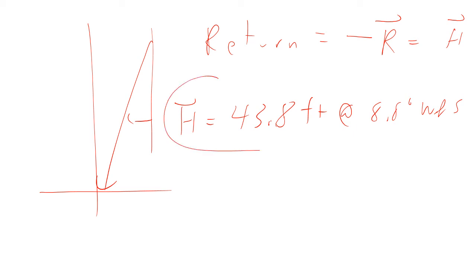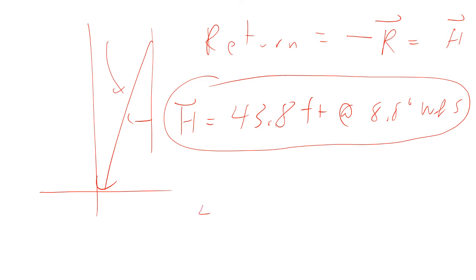And so that would be your home vector right here. Or you could have given that vector right there. You could have said that it's 43.8 feet at an angle of 81.2 degrees south of west. That would be the same thing.